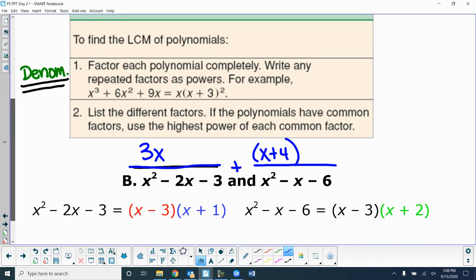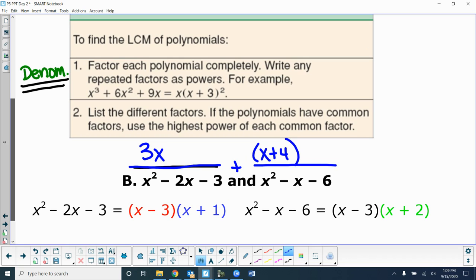The factors of negative 3 that add up to negative 2 are negative 3 and positive 1. The factors of negative 6 that add up to negative 1 are negative 3 and positive 2. They already did the factoring for us. So for my common denominator, whatever shows up, I write down.